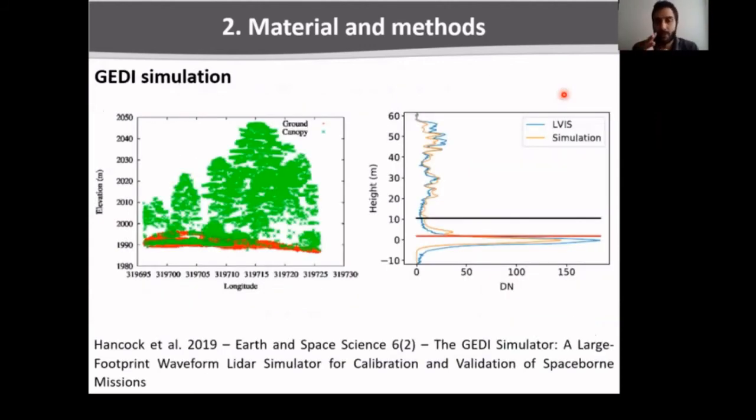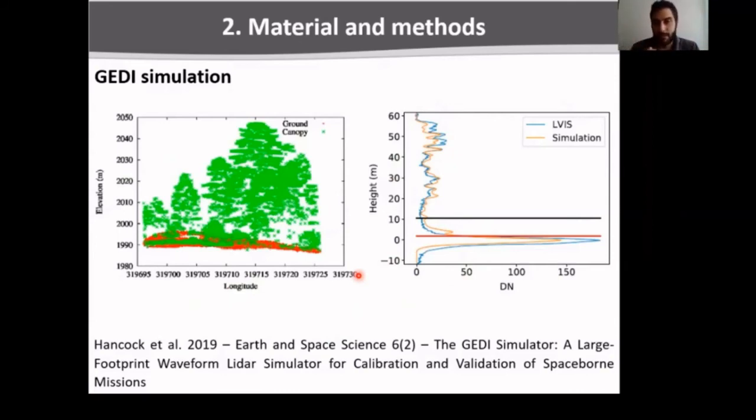From those high density point clouds, we simulated JEDI data, which basically means that we converted our discrete return point clouds to full waveform signals and added the expected JEDI noise. It's basically how the simulation works. It was published by Dr. Hancock and team, and all the technical details of the simulation can be found in this paper.